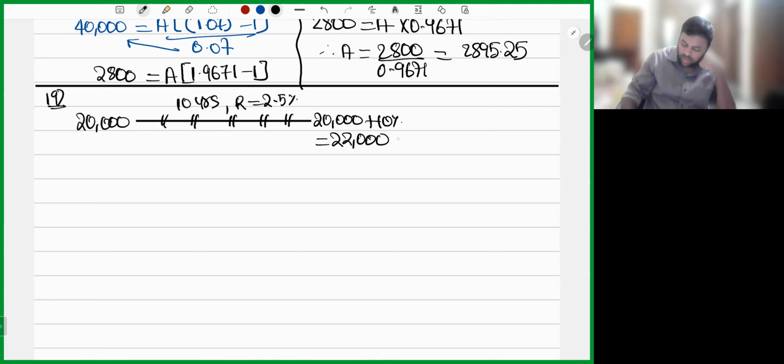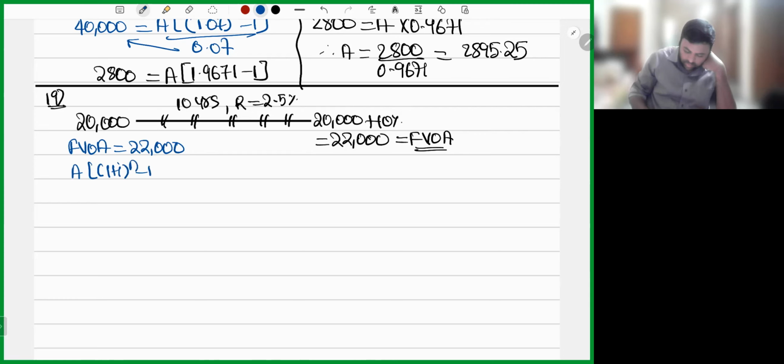Again, the future value of the ordinary annuity is given, and the value of A is missing, which we need to calculate. So the future value of ordinary annuity is equal to 22,000. A into ((1 plus i)^n minus 1) divided by i is equal to 22,000.